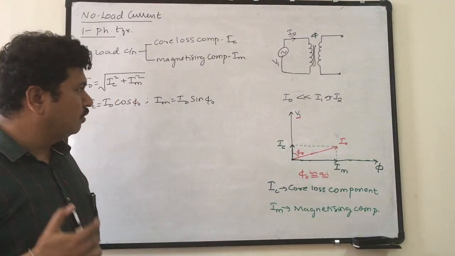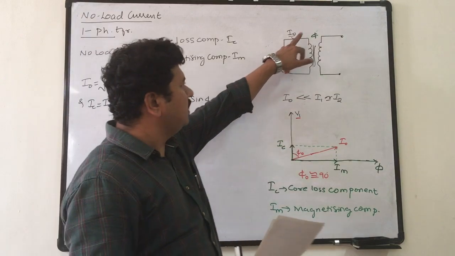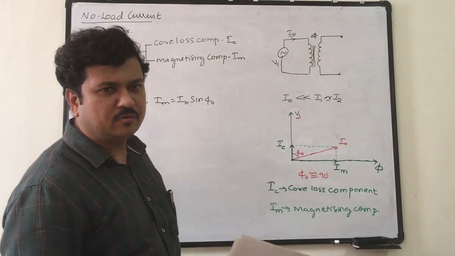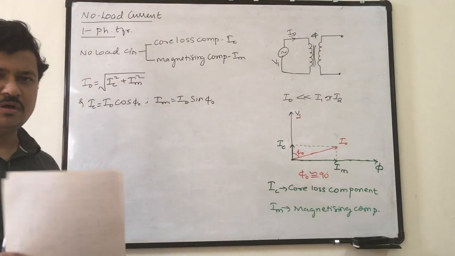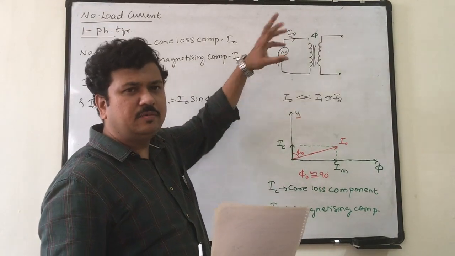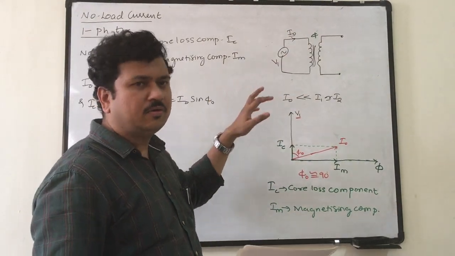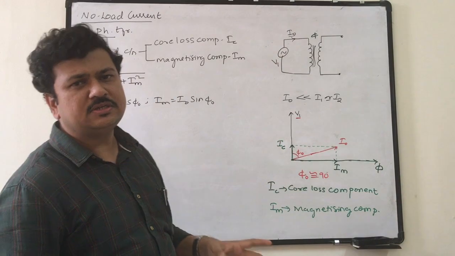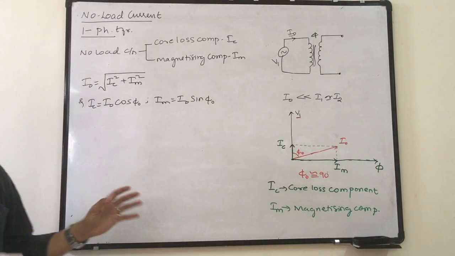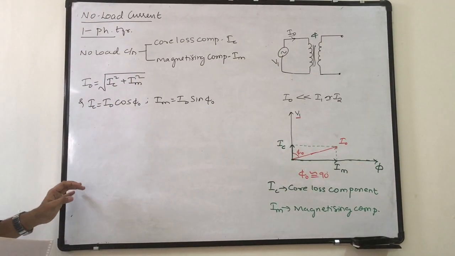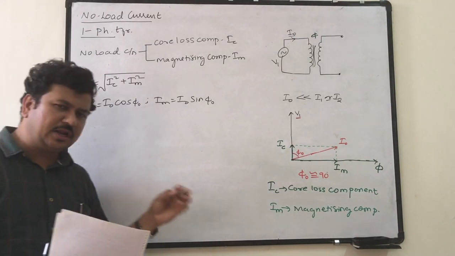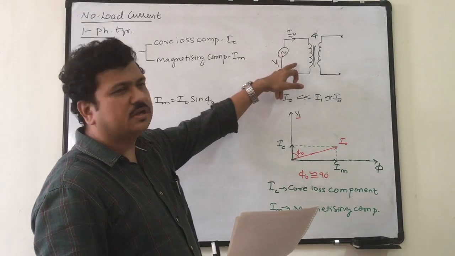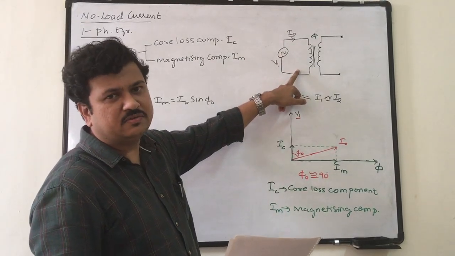But at no load, since the no load current is very small when compared to the full load value, the copper losses occurring because of this current I naught will be very less. Therefore, I do not usually consider copper losses at no load condition of the transformer. Hence, we generally neglect the no load copper losses of the transformer.